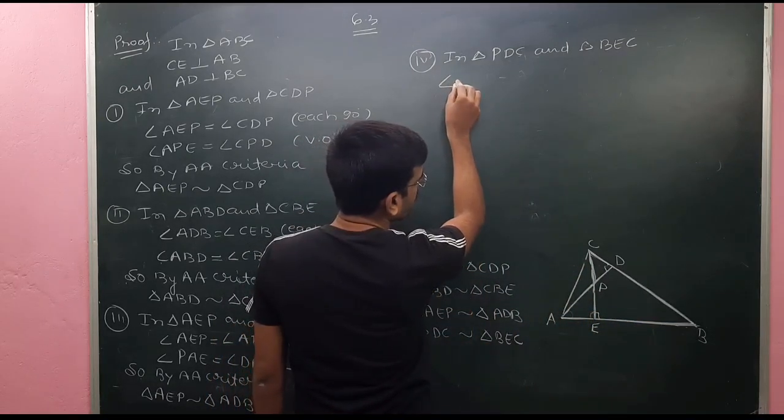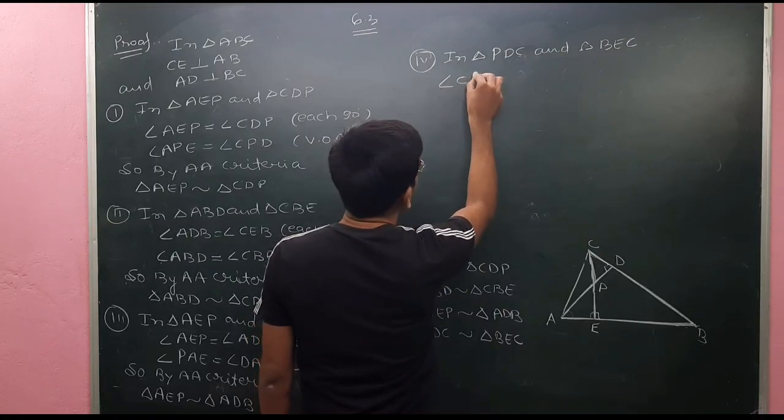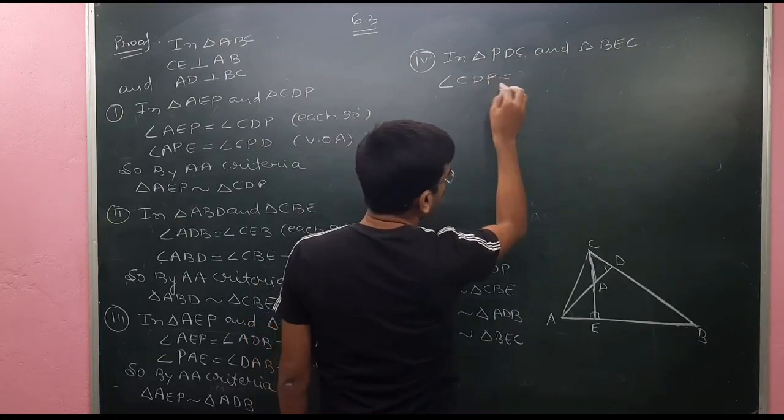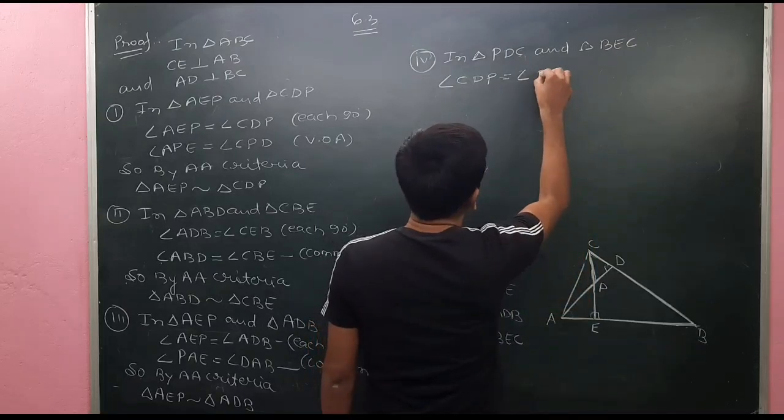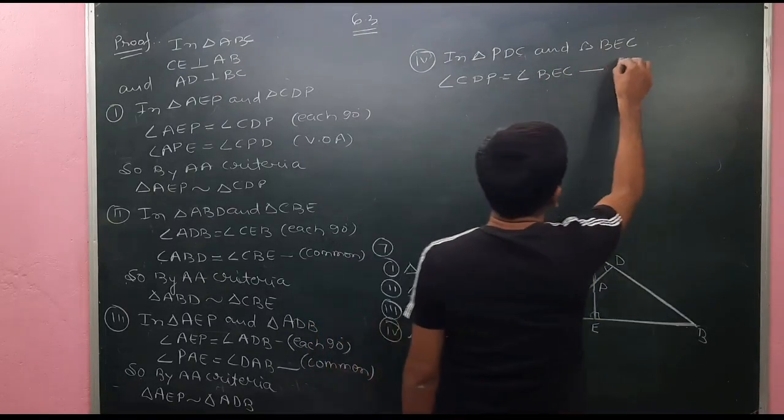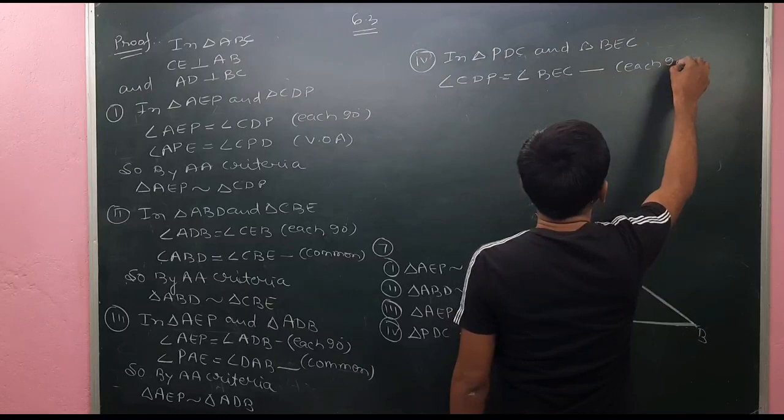Angle CDP is equal to angle BEC, each 90 degrees.